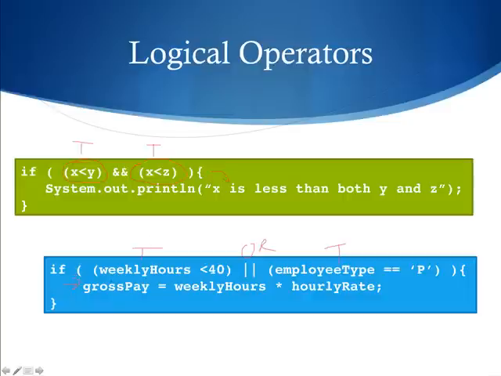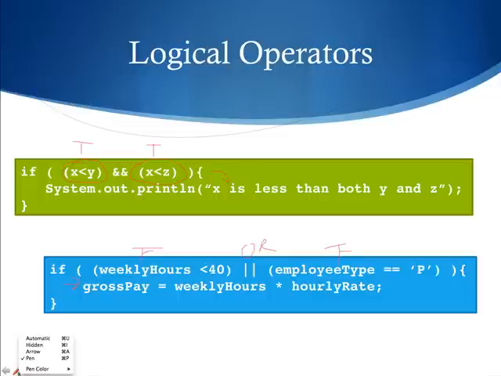However, the only way this statement's not going to execute is if you have more than 40 hours and your employee type is something other than P. So again, only one side of this has to be true for the statement to be executed, not both. Up here, both.